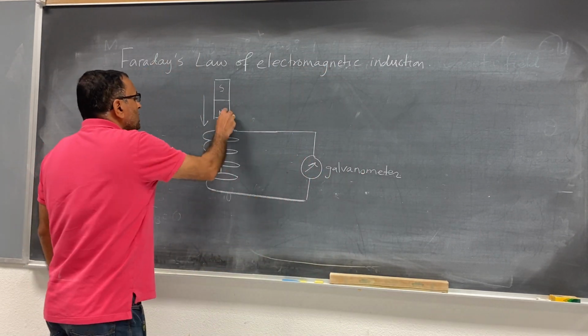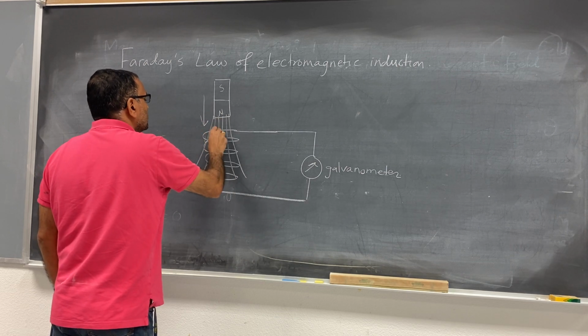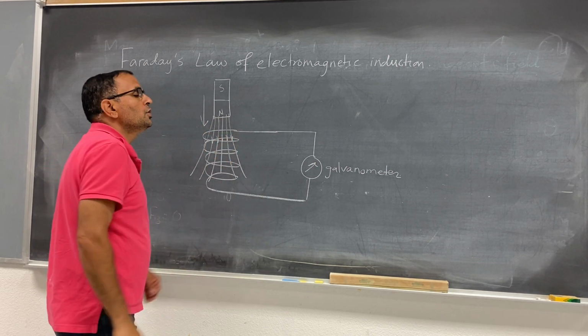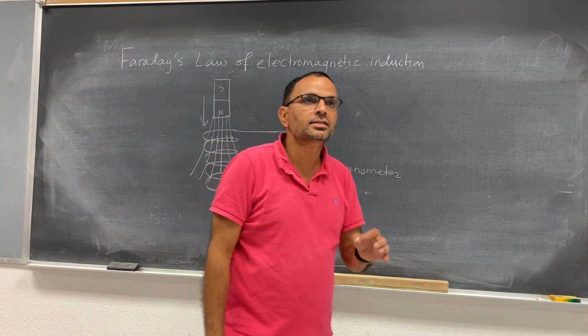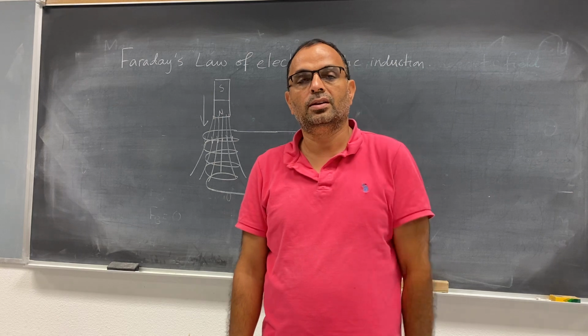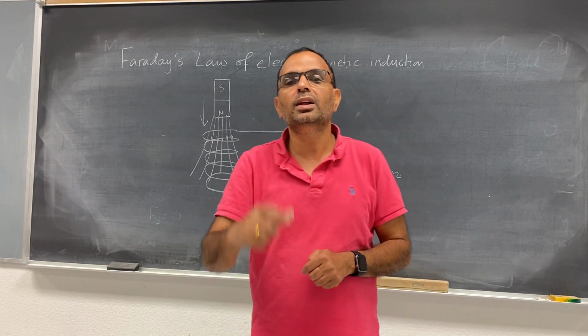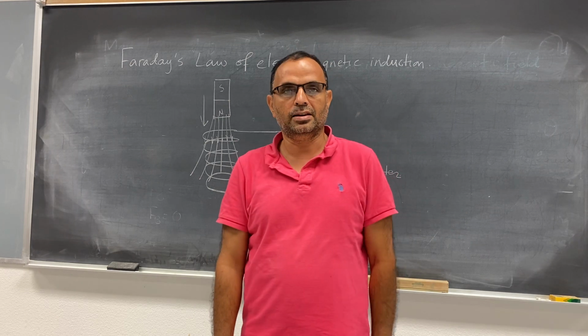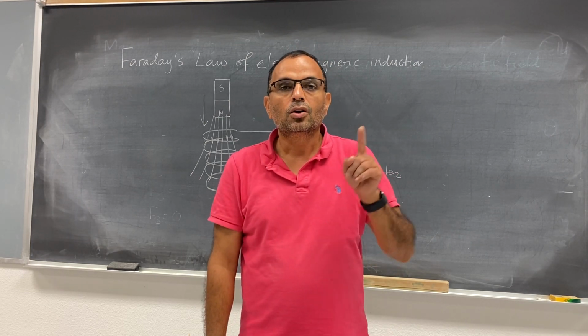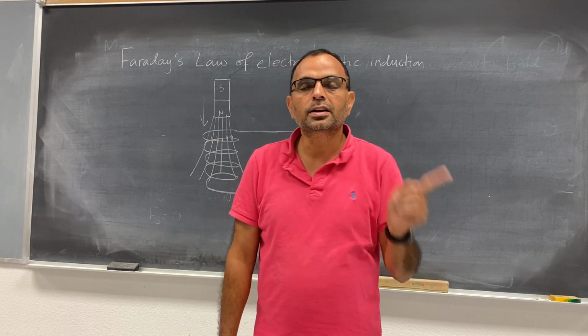So you have magnetic lines of force like this. You must have changing magnetic lines of force linked with the coil. That means the magnetic field linked with the coil must be a changing magnetic field. So current produces a magnet, but don't say magnet produces the current.